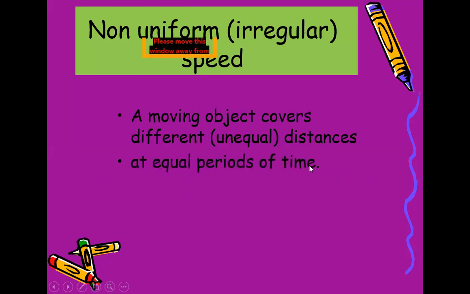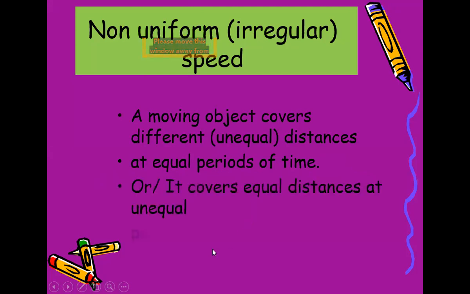A moving object covers different or unequal distance at equal periods of time, or it covers equal distance at unequal periods of time. So one of them will be equal and the other unequal.